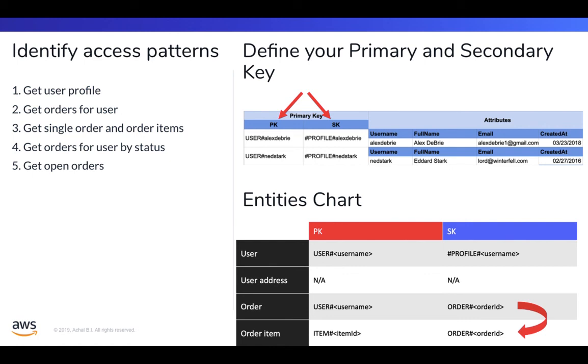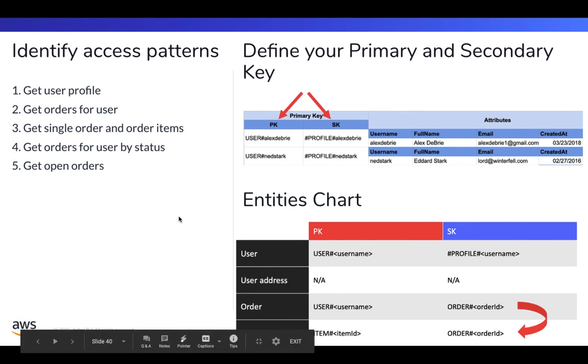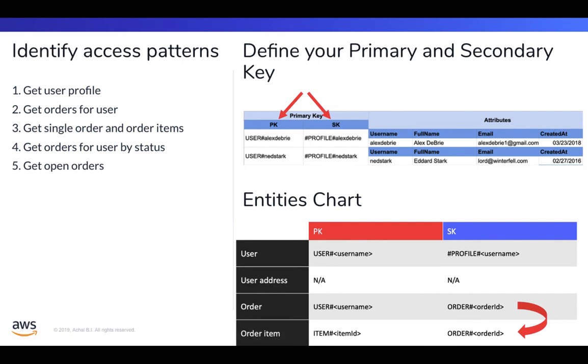And you need to get a single order and order items as well. You need to get orders for users by status and get open orders. Open orders are orders which are still in open state, or in some status, and you want to retrieve all those orders.